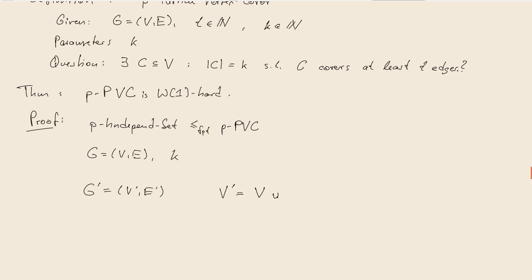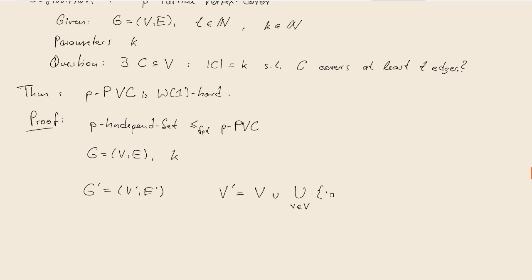We take all the old vertices, but then for each of the old vertices, we add a whole set of new vertices, which we should just invent a name for.